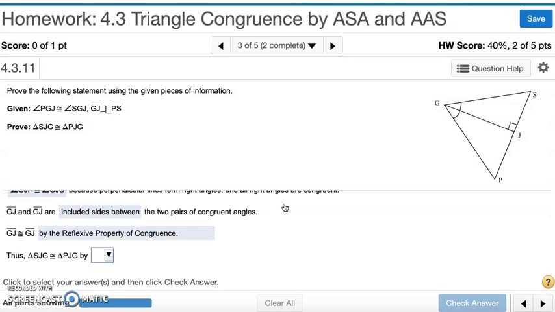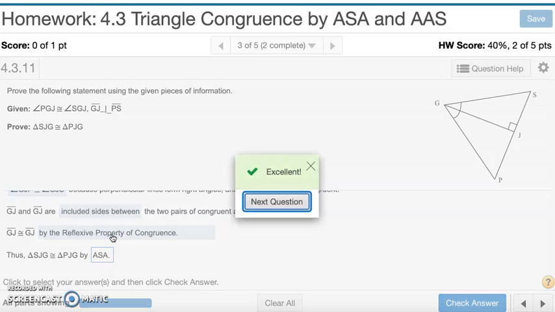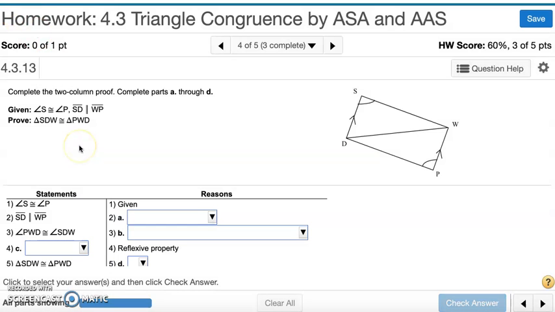Whenever something equals itself, that's reflexive. So the two triangles are congruent to each other by angle, side, and angle. And that's number 3.